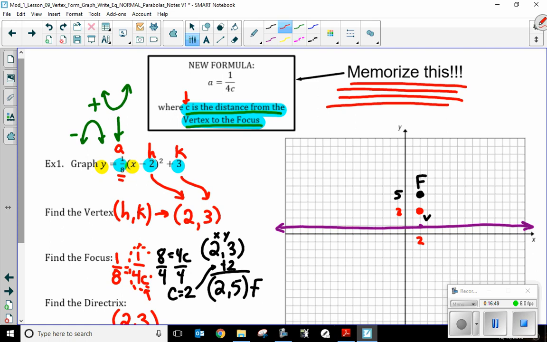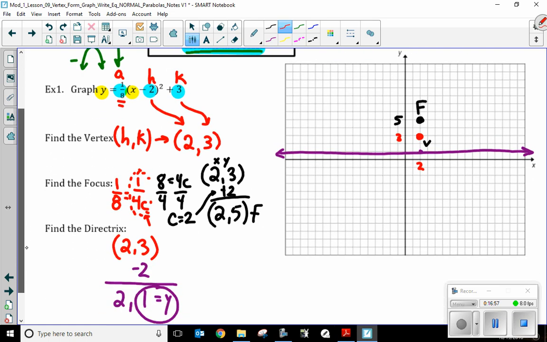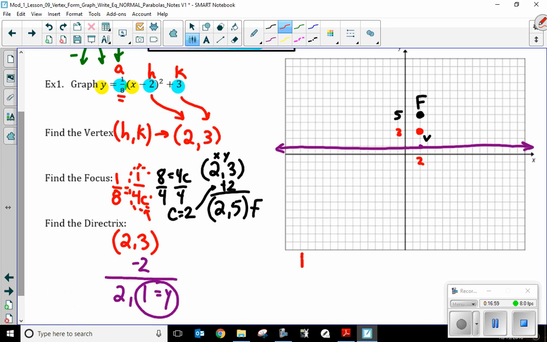I took 8 to equal 4C. That's all I did. But do you know that this 4C is something special? It sure is. If I take the absolute value of 4C, in our case, isn't 4C equal to 8? 4C equals 8, doesn't it? That's what we call the focal width.